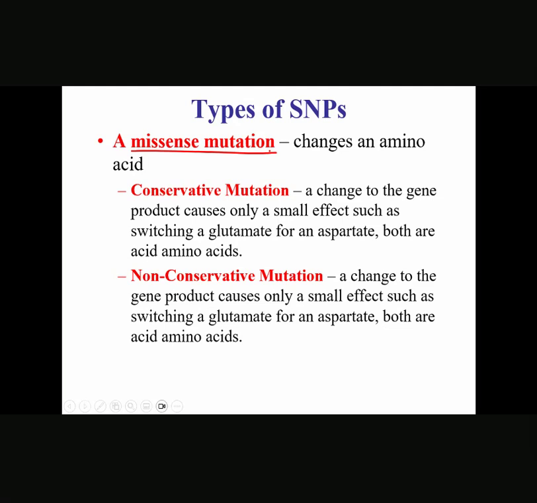We're going to subdivide missense into conservative and non-conservative, and these are gray definitions. Conservative means a big change. Conservative means small change. I got that backwards. Small change. Somebody emailed me over the weekend regarding this one.